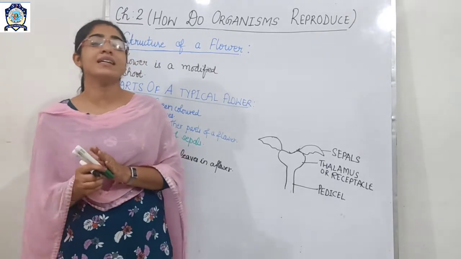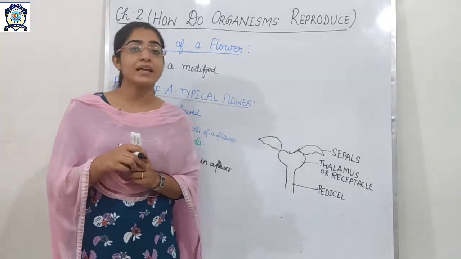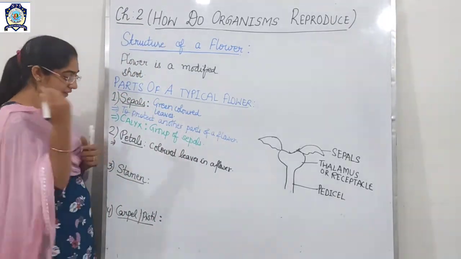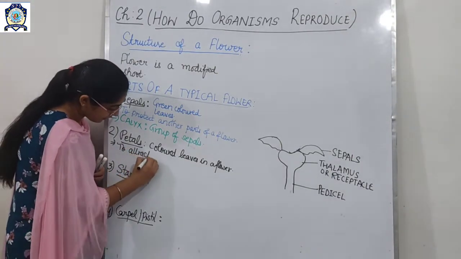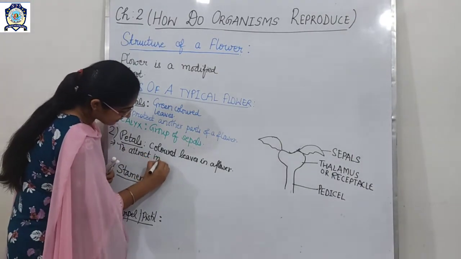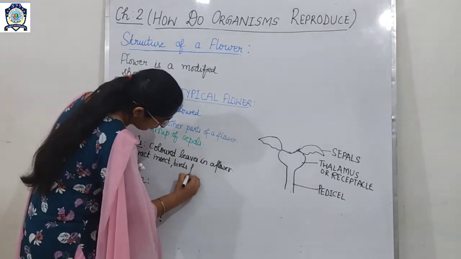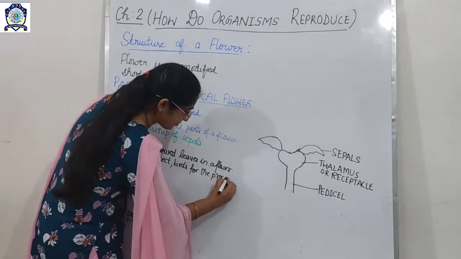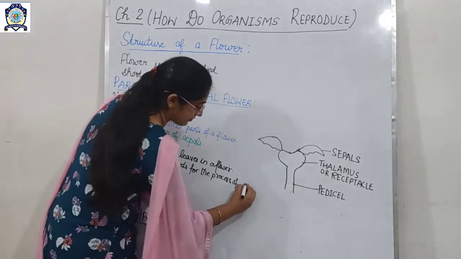We will study pollen grain in detail, students. Pollen grain is the male gamete. So the function of petals is to attract insects or birds for the process of pollination.